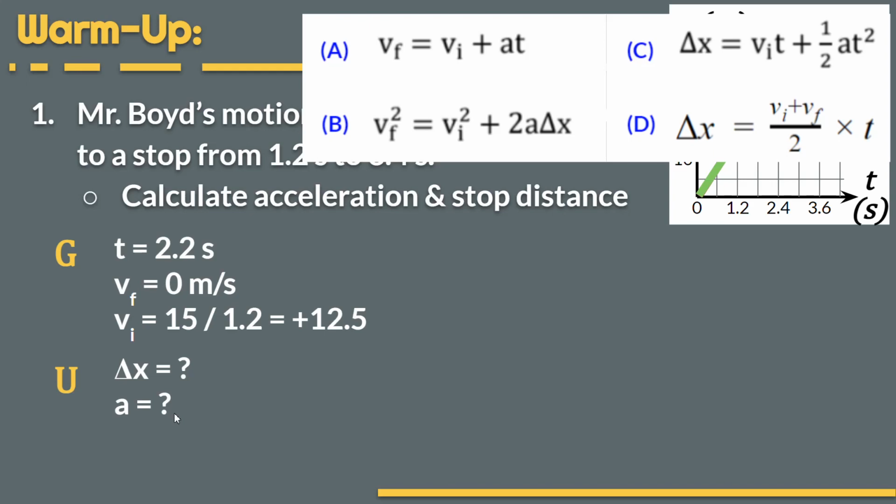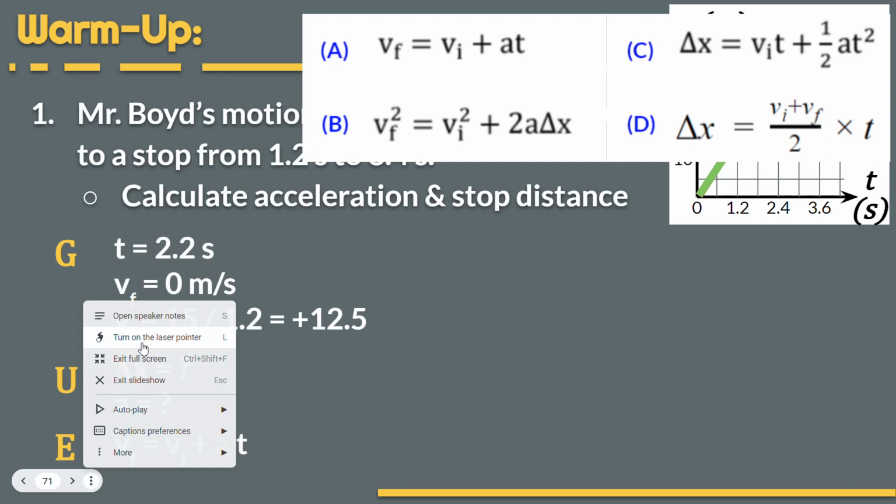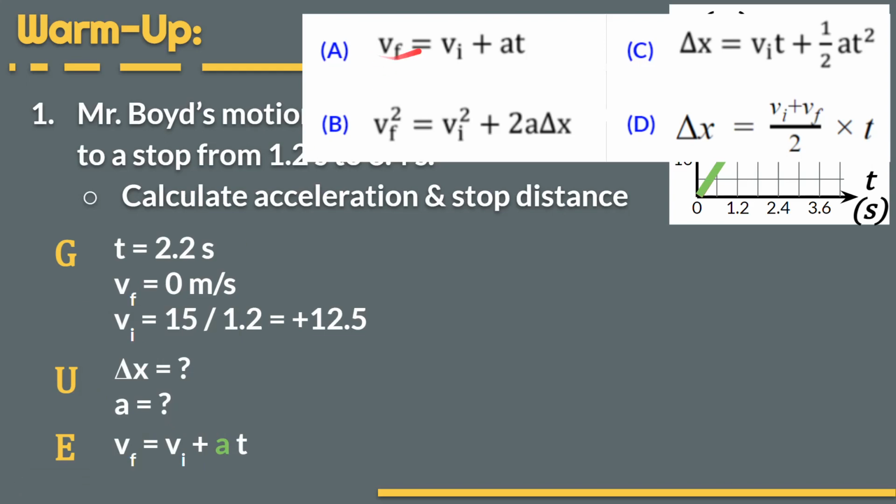There are multiple options here for how you want to approach this. But if I want to pick an equation to find, I'm going to do A first. I don't know why I labeled them backwards here, but calculate acceleration is written first. If I want to find acceleration, I'm going to use equation A because I have VF, VI, and T. So if I want to find A, this is the perfect equation because I know this, this, and this is what I'm looking for. And so I can solve for A.